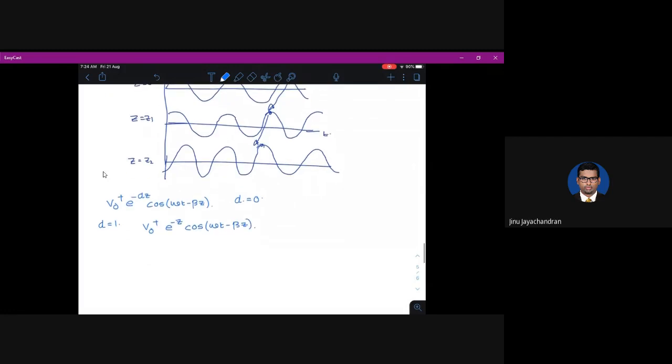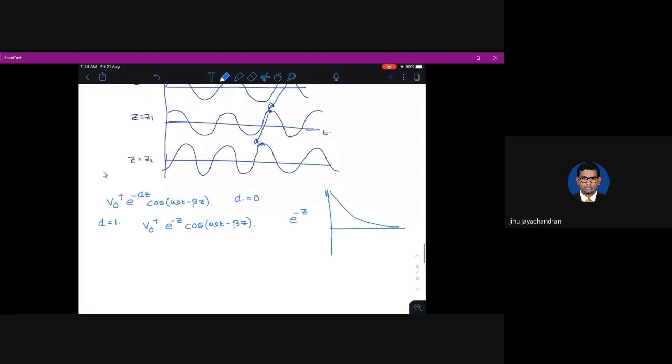If alpha is equal to 1, your e raised to minus alpha z is e raised to minus z, and the graph for e raised to minus z is something like this, because when z equal to 0, this is 1. When z equal to 1, this is 1 by e. When z equal to 2, this is 1 by e square, and e is some positive value, 2.3 or something.